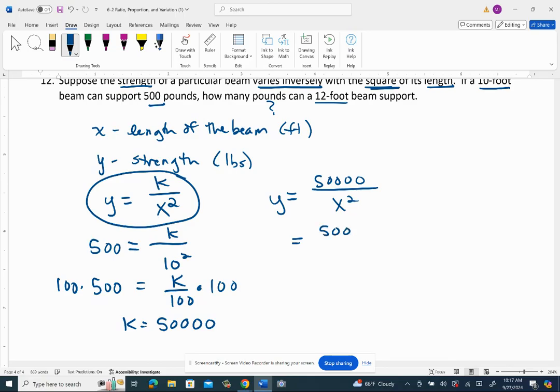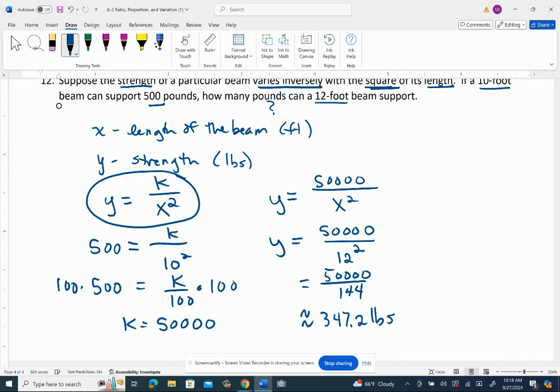So I take that 50,000 and divide it by 12 squared, and that should give me my answer. 50,000 divided by 144 is approximately 347.2 pounds.